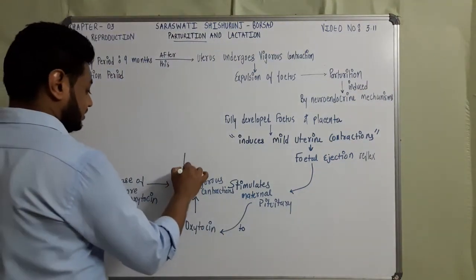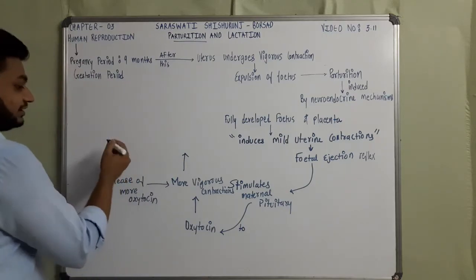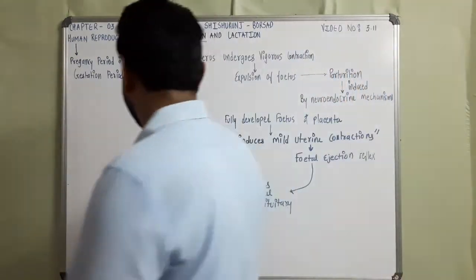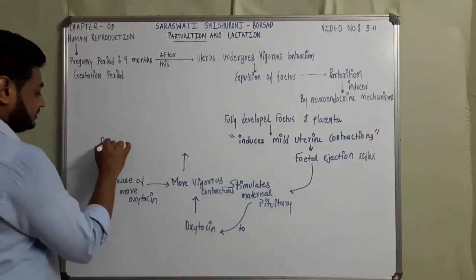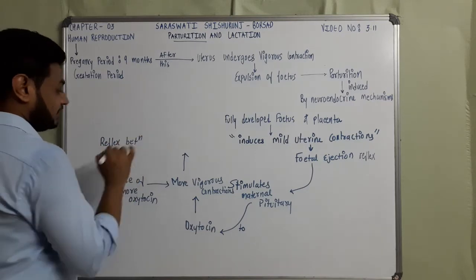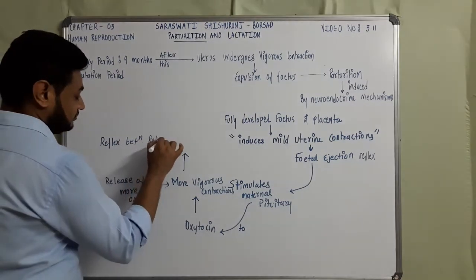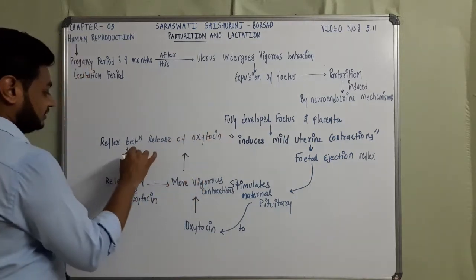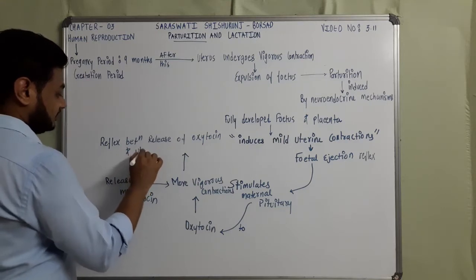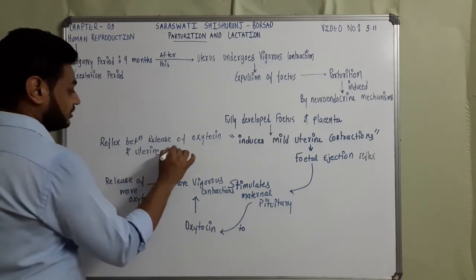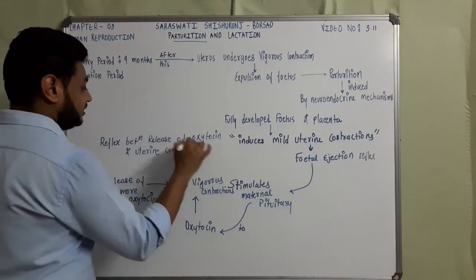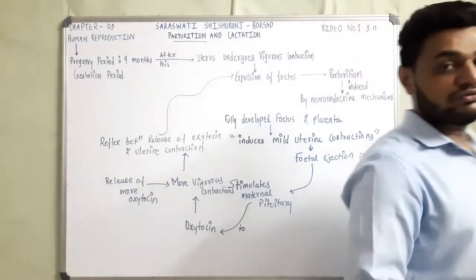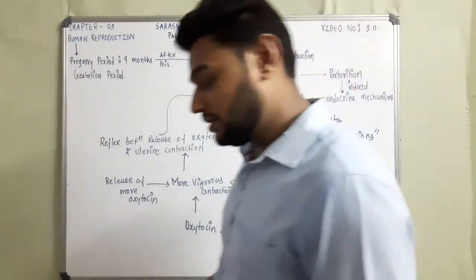At last, that reflex between the release of oxytocin and uterine contraction will finally result in expulsion of the fetus. This is called childbirth or parturition.